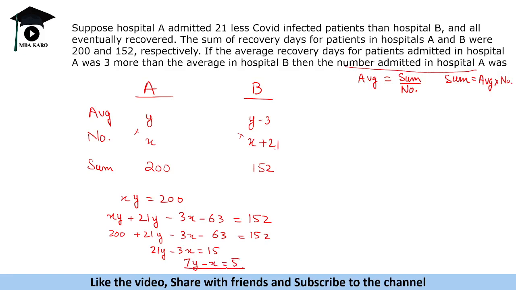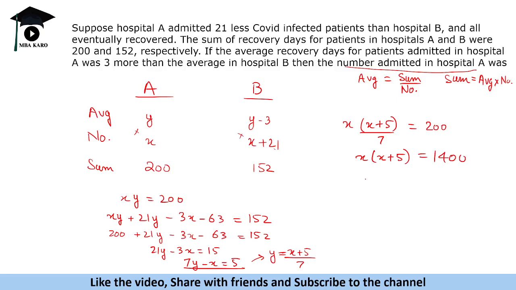Okay. Now what we will do is, we will substitute y in this equation and get the answer. Okay. So we can say that y is equal to x plus 5 by 7. Put this in this equation. This is 200. Okay. So we can say that x into x plus 5 is equal to 1400.